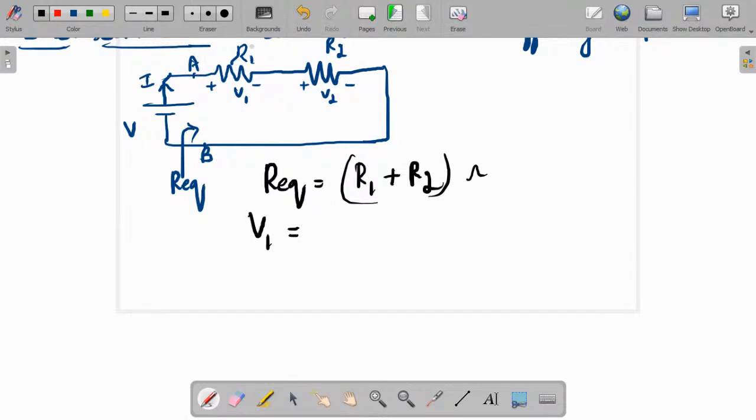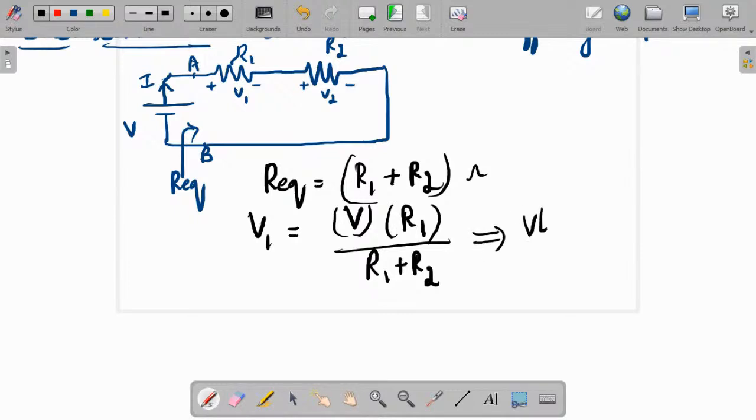What is the voltage drop across the resistor R1? It is given by the total voltage into the corresponding resistance, for the resistance across which we want the voltage drop, divided by the sum of all resistances, R1 plus R2. Okay, so this is the voltage division rule.